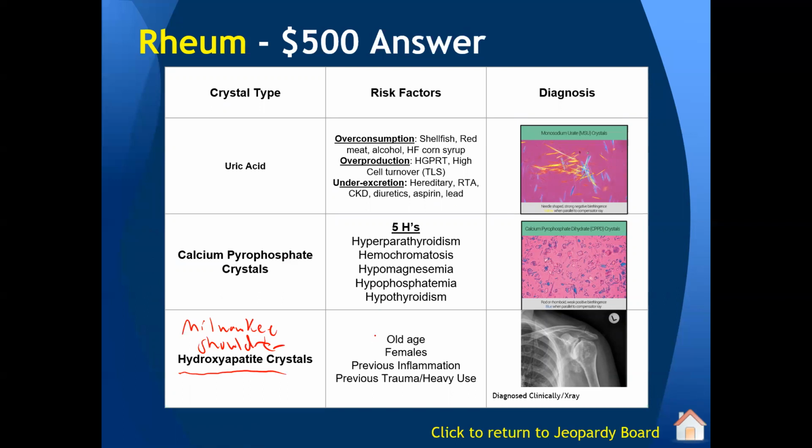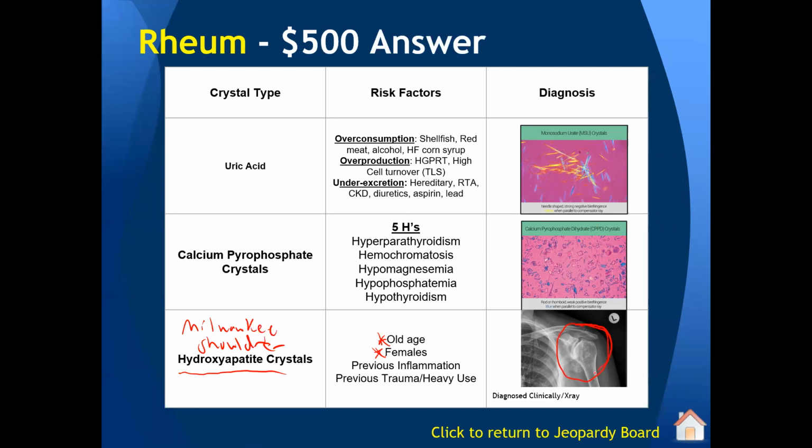People who are set up for this are of old age and female. The very typical presentation is an older female who's coming in with a swollen joint, but then you do an arthrocentesis and it's non-inflamed, but it might be a little bit blood tinged. And then all the crystal work is going to be negative, but you're going to see basically calcium deposition in their joint right here.